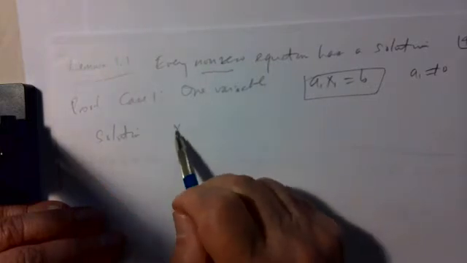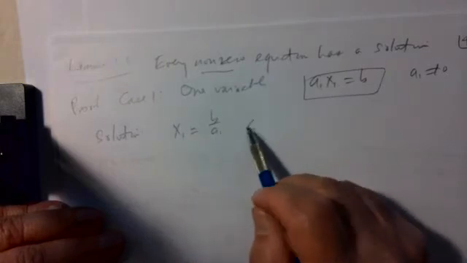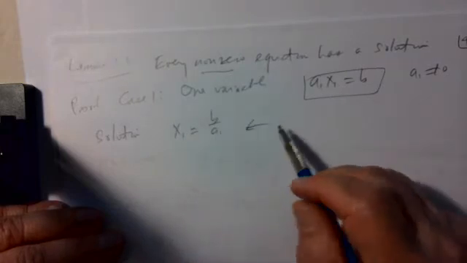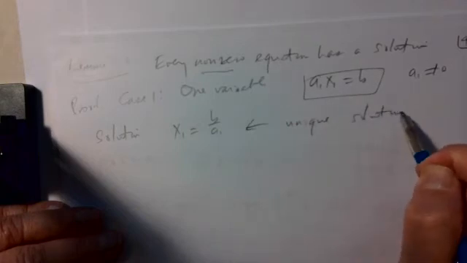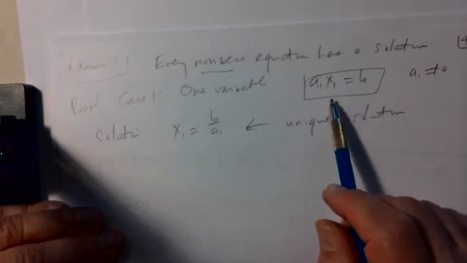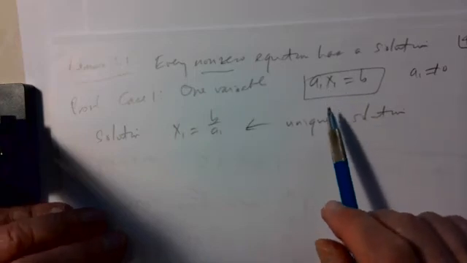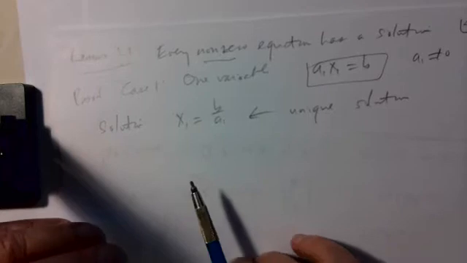The solution is x1 equals b over a1. And that's the only solution. It is the unique solution. So an equation in one variable always has exactly one solution. Not two solutions, not three solutions, not infinitely many solutions.